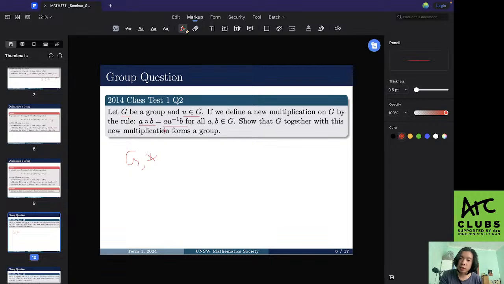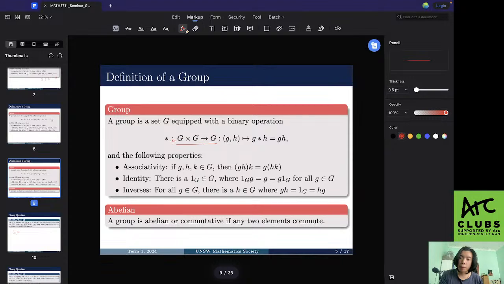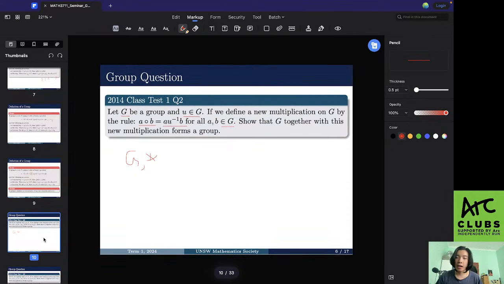So by definition, we know that A, U inverse, and B, that is going to be an element of G because the original operation has its output in G. So that's essentially our first condition for a group.